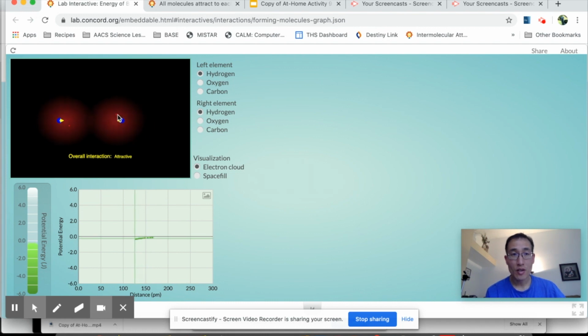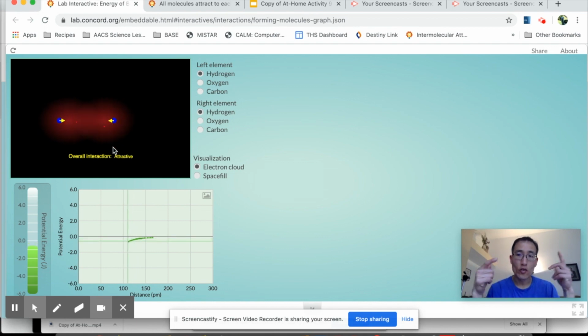So we have positives, the positive nucleus starts attracting the negative electrons, and vice versa. These negative electrons start attracting the positive nucleus. So they start shifting. And as they move closer and closer together, now they start overlapping.